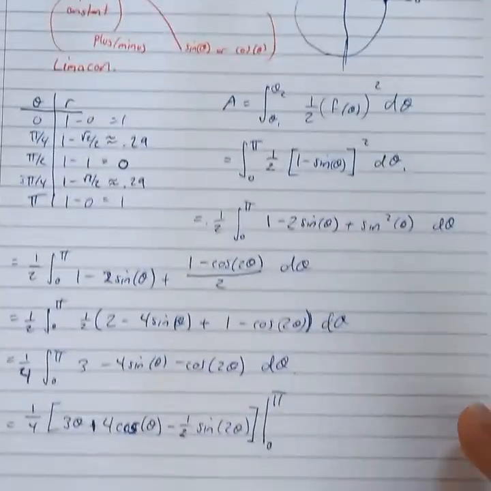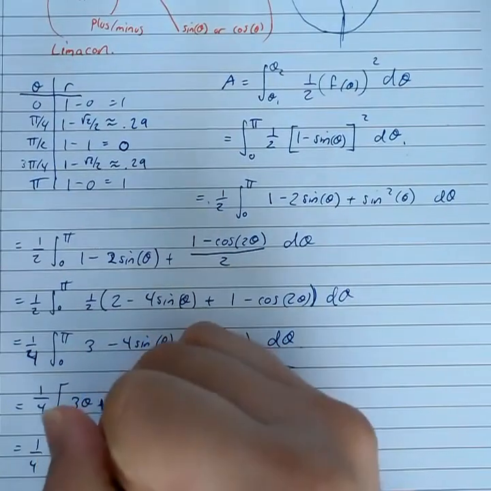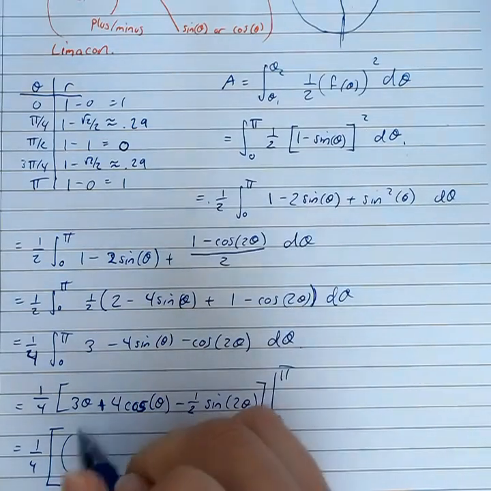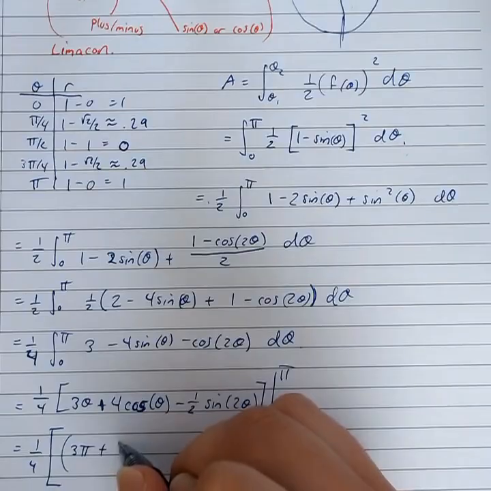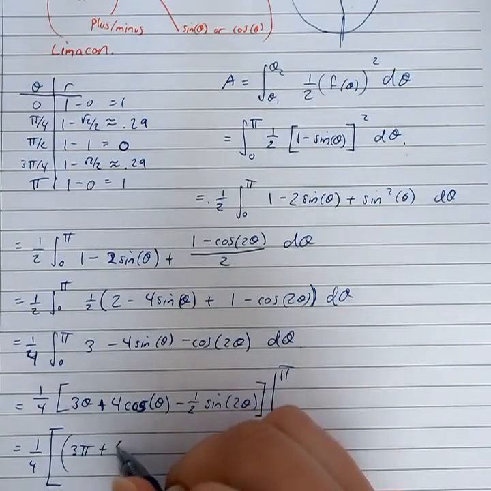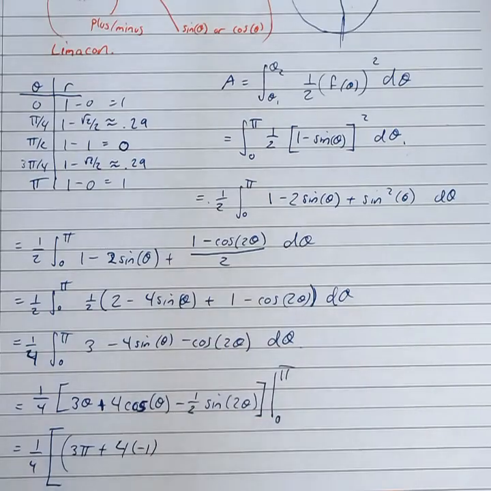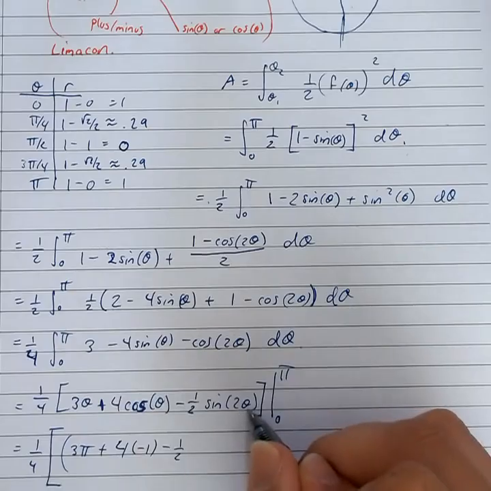And now we can evaluate. Let's plug in. That's going to be 1/4 times, all right, let's see, 3 times pi plus 4 times the cosine of pi. Well, the cosine of pi is -1, minus 1/2 the sine of 2 pi.